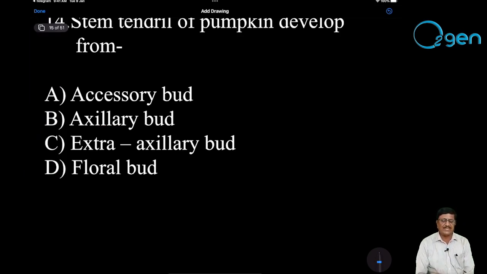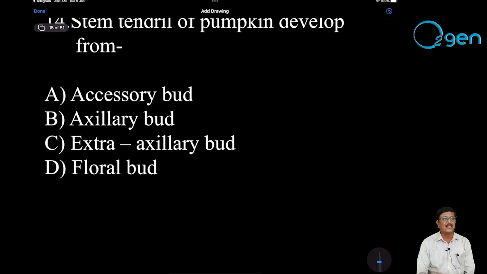Next question. Stem tendrils of pumpkin develop from. Usually, in the synopsis you have studied, tendrils are developed from axillary buds. Stem tendrils are developed from the axillary bud. Here option A is accessory bud, that is wrong.